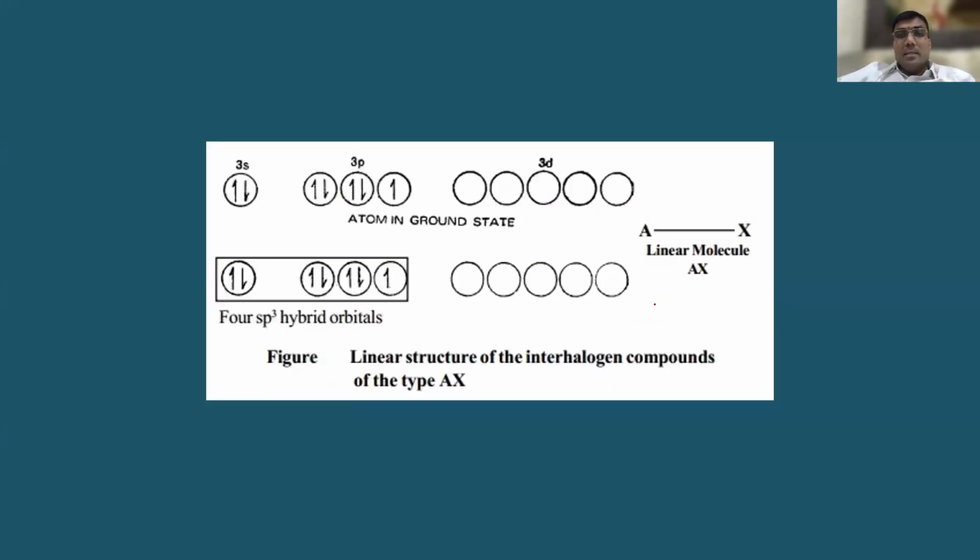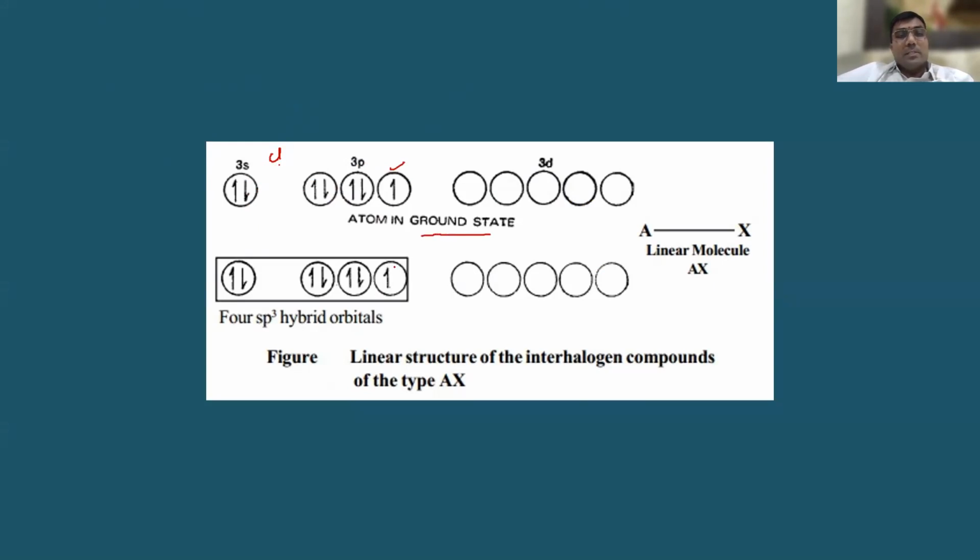And let us see clearly how a particular interhalogen compound gets hybridized. Let us take here a molecule of AX type, where A is chlorine. You know very well chlorine has the electronic configuration 3s2 3p5. This is the ground state configuration, GS.